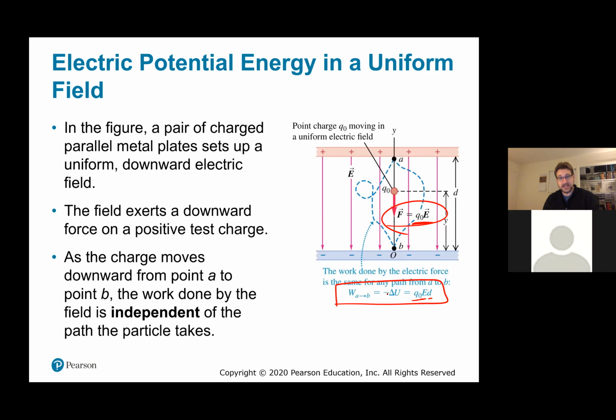The potential energy change associated with the amount of work, if we solve for the potential energy change, it's negative. It's associated with a decrease in potential energy because that's the way the field wants it to go, just like a falling object is affected by the way gravity wants it to go.